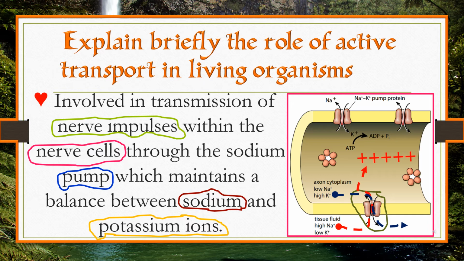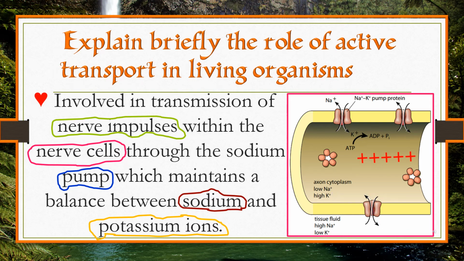And when the nerve impulse has passed, that means that we no longer need the work of the voltage-gated channels. They will close. So the voltage-gated channels will close, and when they close, that means no more entry of sodium ions into the axon cytoplasm and no more allowing potassium to get out of the axon into the tissue fluid.